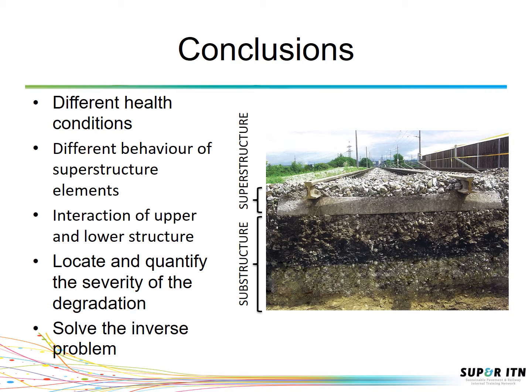Evaluate the behavior of rail and sleeper along and across the track for different conditions in the ballast bed and subgrade layer. Find a link between the behavior of rail and sleeper and corresponding condition present in the base of the track. When we make the connection between the response and condition, we will solve the inverse problem, locate and quantify the severity of the change present in railway substructure.